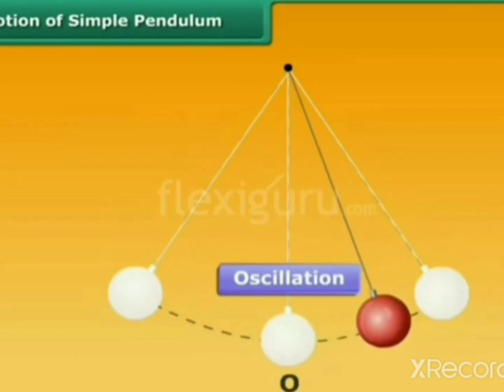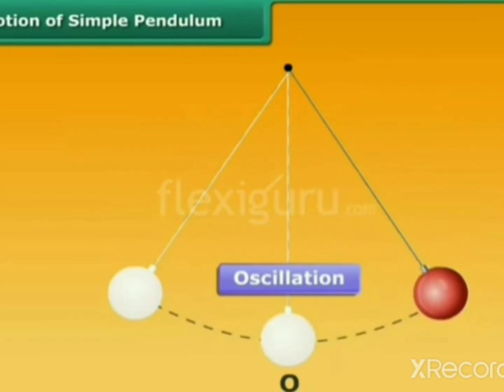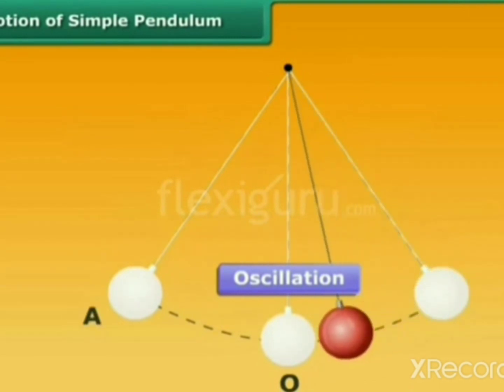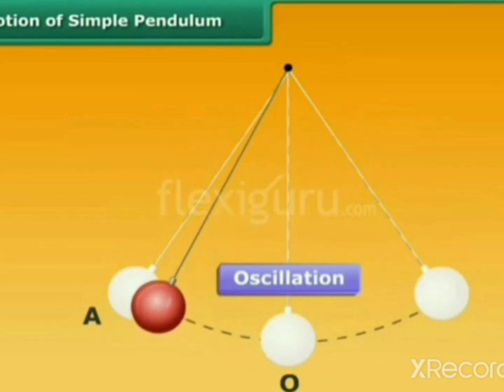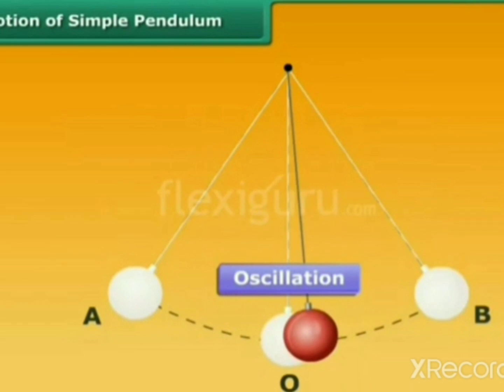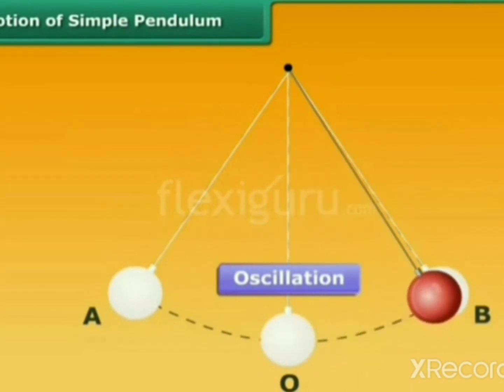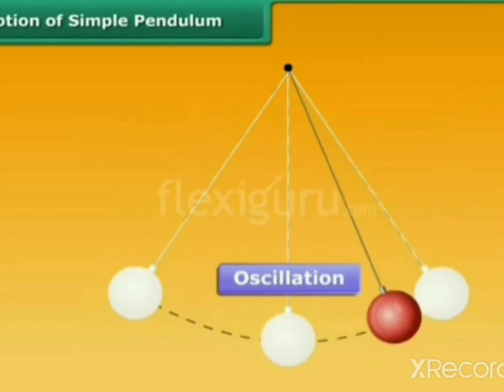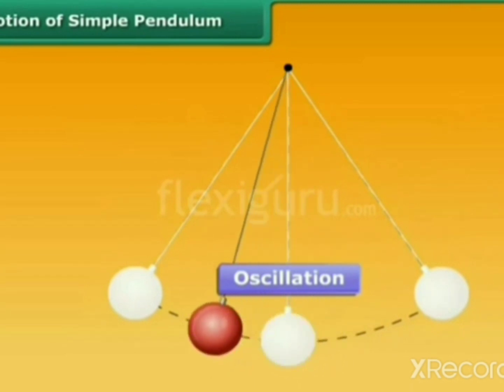Second term, period of an oscillation or time period. The time taken to complete one oscillation is called the time period and its unit is second. The third term is frequency of oscillation.